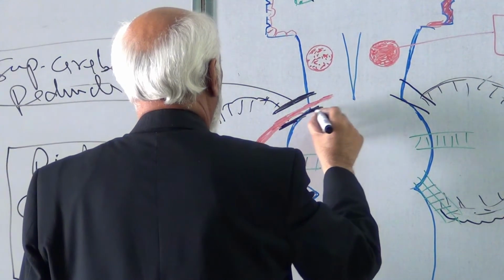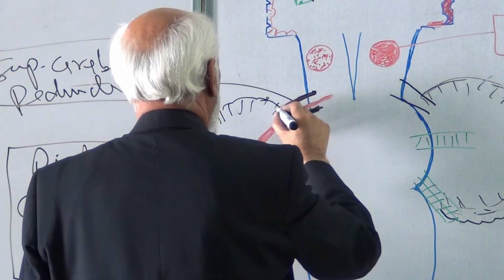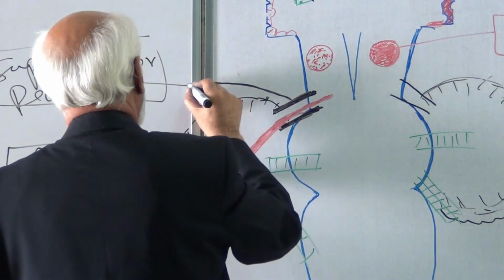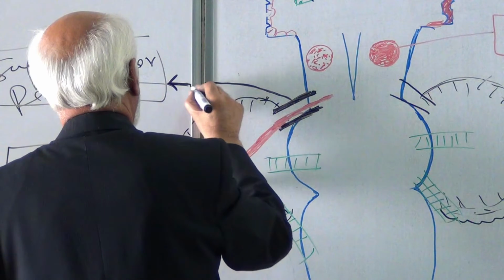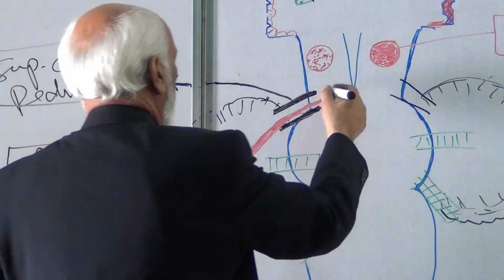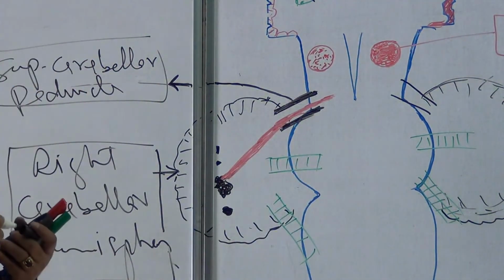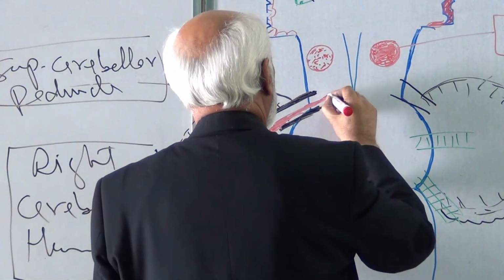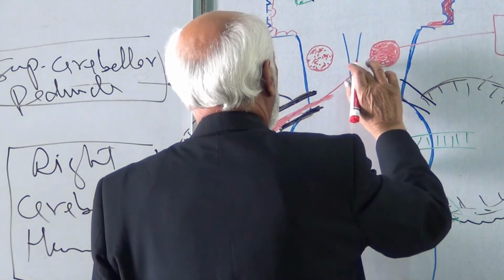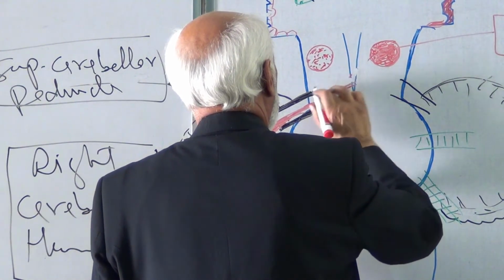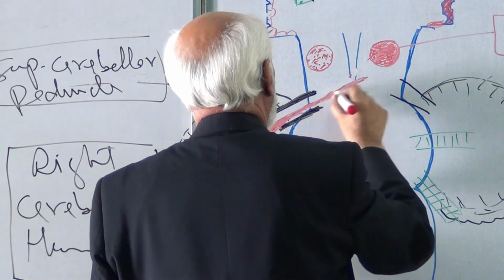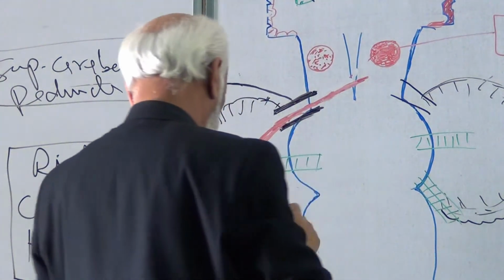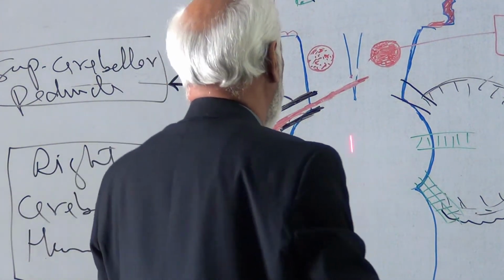We are tracing the pathway from the right side. This is the superior cerebellar peduncle. Now these fibers ascend and descend, and the ascending fibers decussate in the lower part of the midbrain as the decussation of the superior cerebellar peduncle.